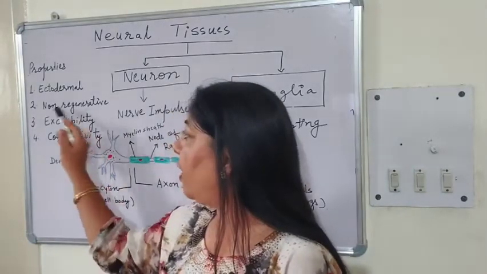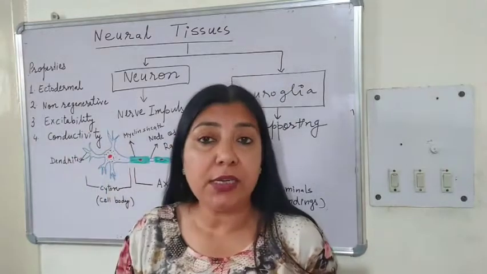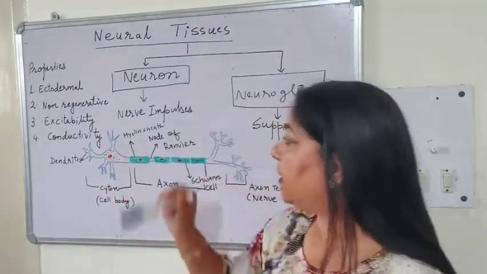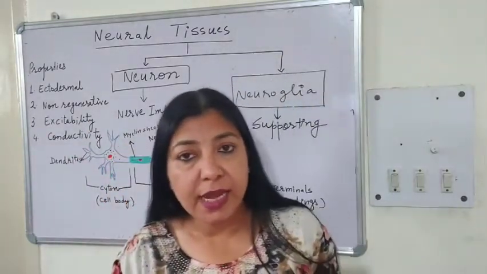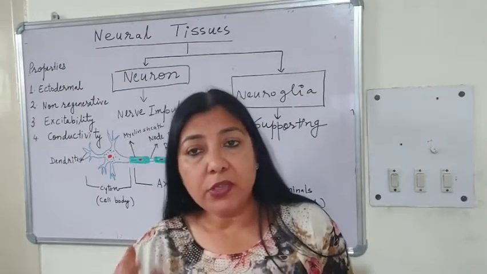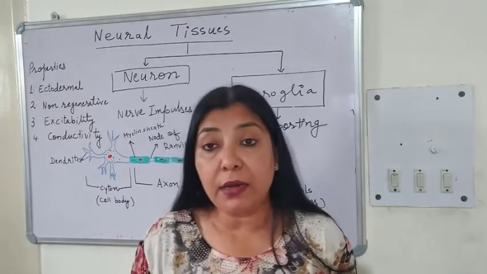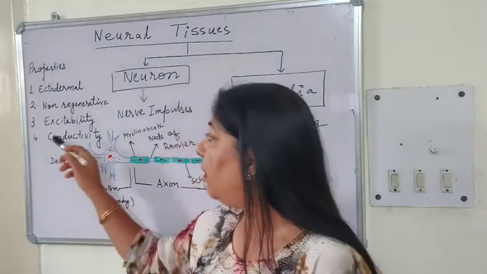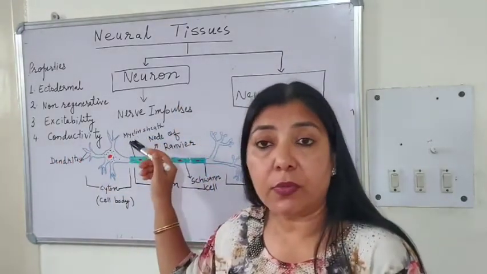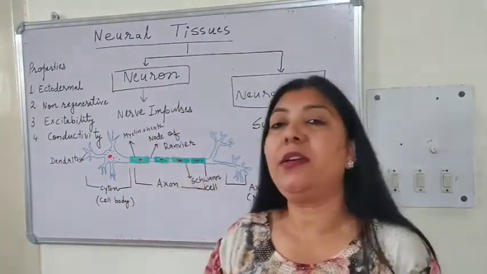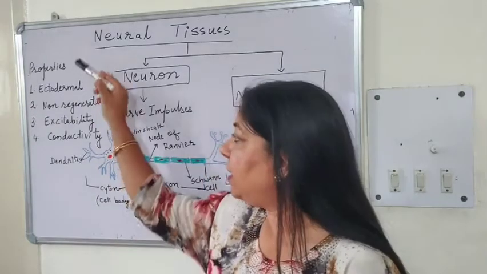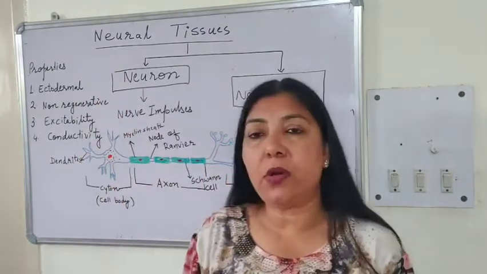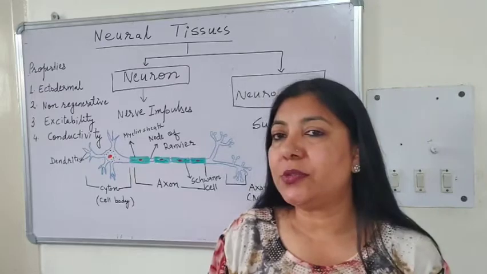Okay, so they work on excitability. Then next, not only do they get excited, whatever action potential is generated is also conducted. So they show conductivity also. So these are the four properties of the neural tissues.